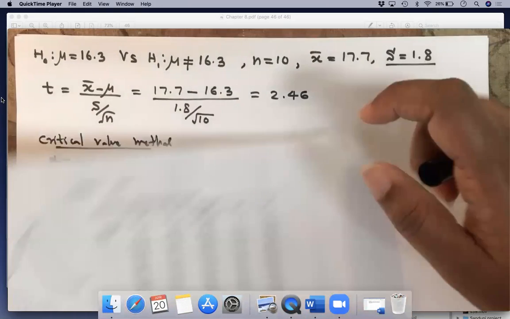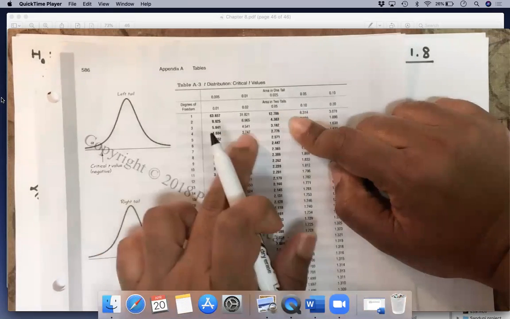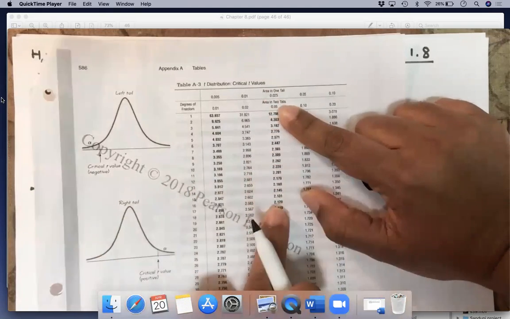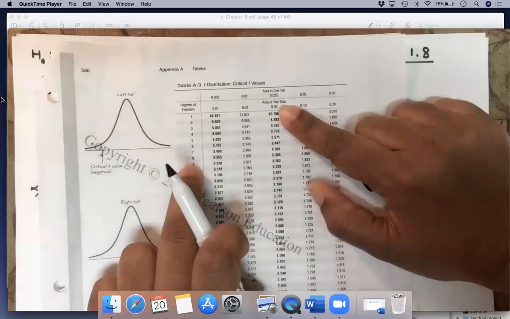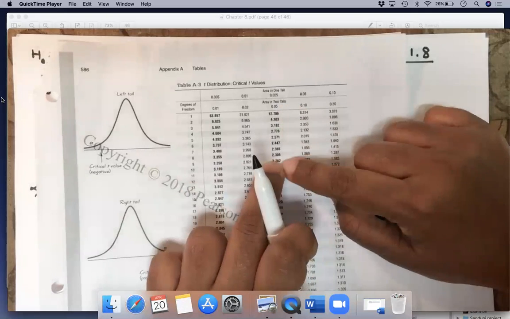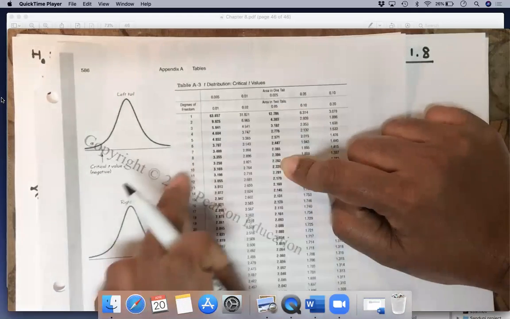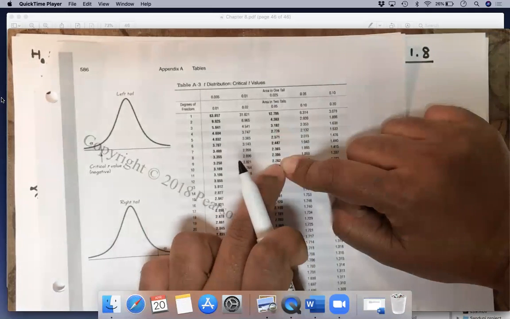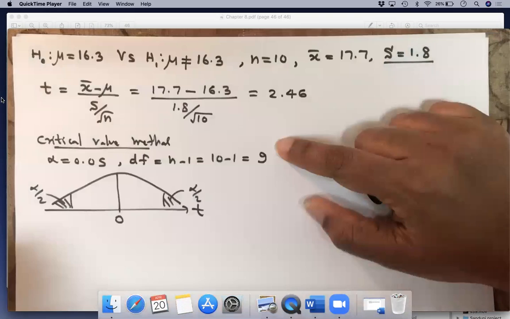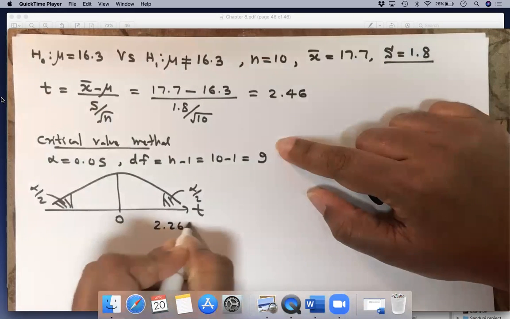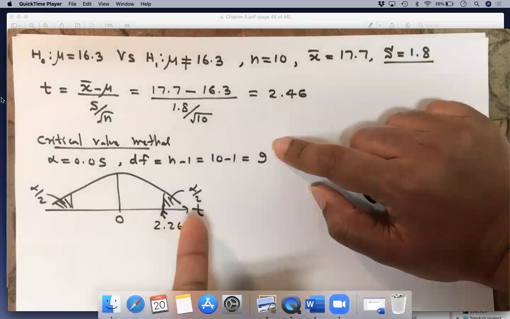It's 9, so here it's the fourth column, where degrees of freedom is 9. Area in total is 0.05, degrees of freedom is 9, so it is 2.262. It is this value, the positive t value.